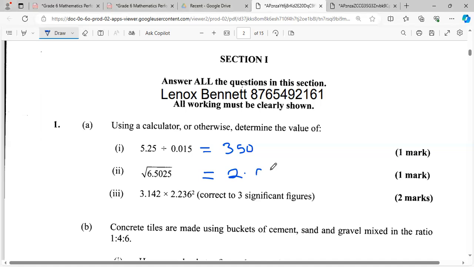Now the next one says 3.142 times 2.236 squared, corrected to 3 significant figures. Alright, let's go.